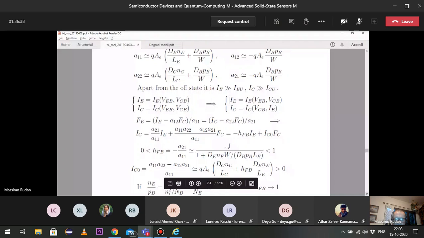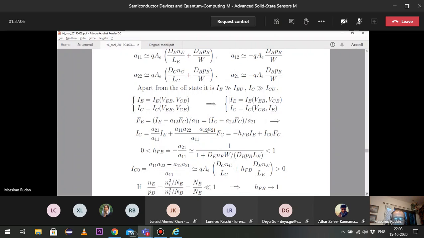So it turns out to be equal to a fraction in which the numerator is 1 and the denominator is 1 plus some positive quantity. So obviously, HFB is between 0 and 1. For the moment, we do not analyze it further because we need to analyze the second part.